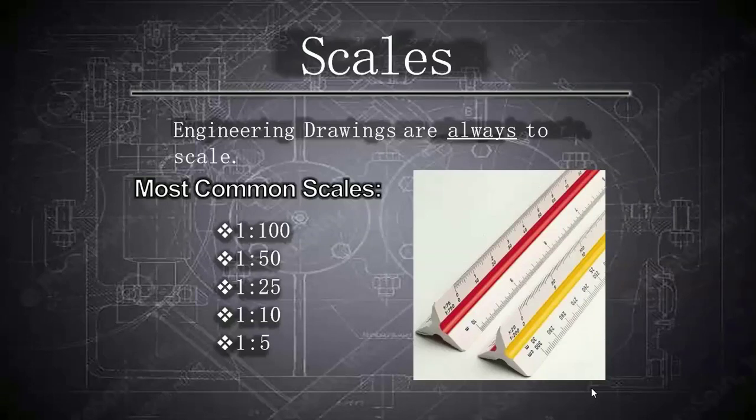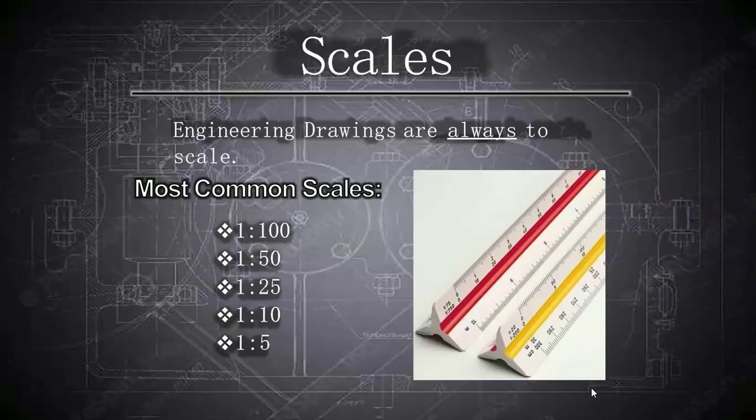So next is the scales. A drawing of a small object can be prepared of the same size as the object. They represent a 150 mm long pencil may be shown by a drawing of 150 mm length. Drawings drawn of the same size as the object are called full size drawings.